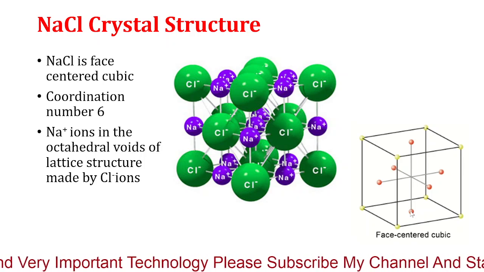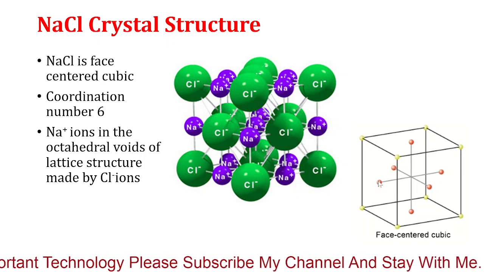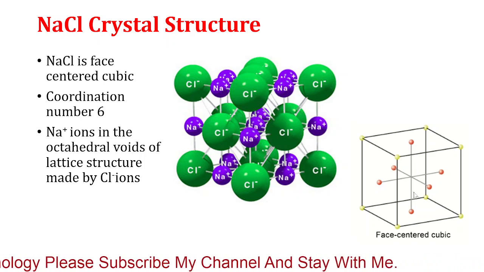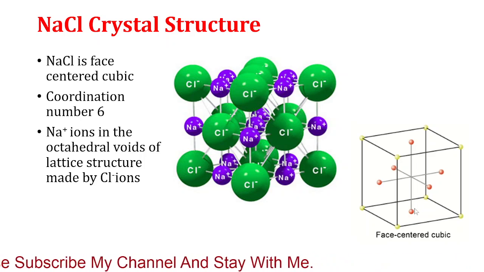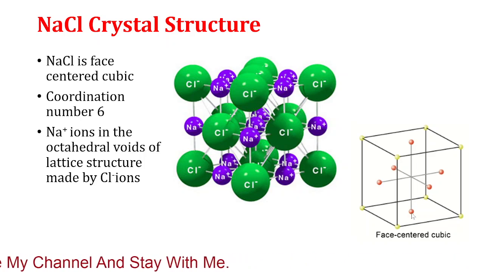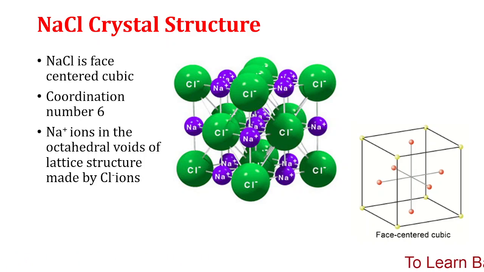Here we have one face, here we have one face, so how many faces do we have? 6 faces, is it? If we take the cube again, we can have one here, one here, one here, one here. So we have 6 surfaces.